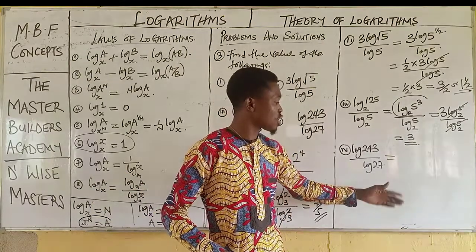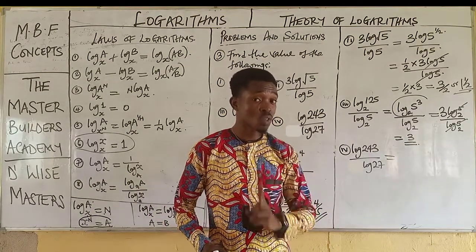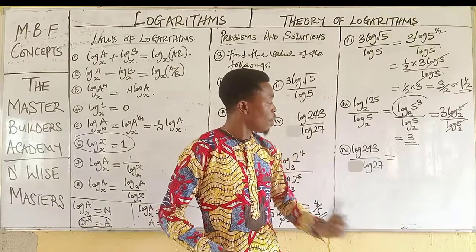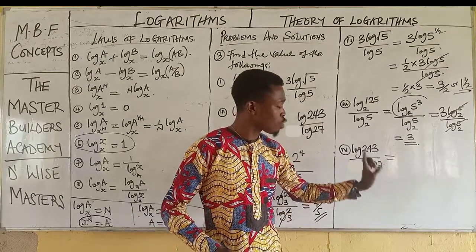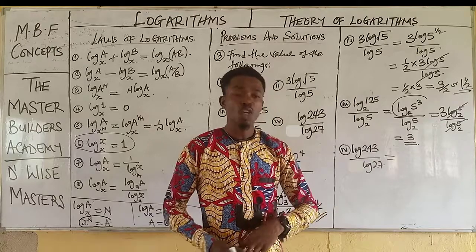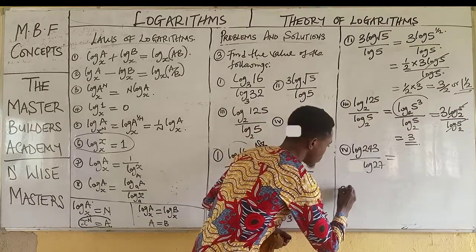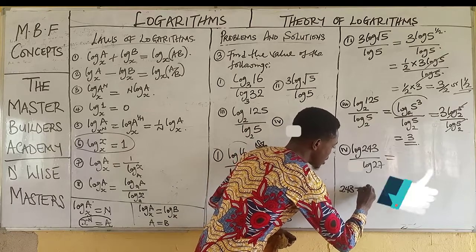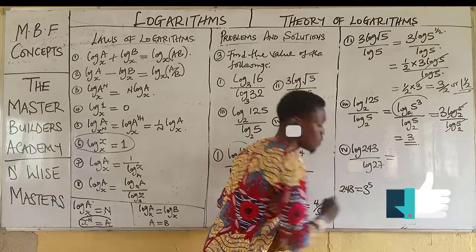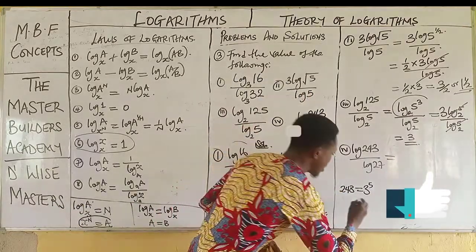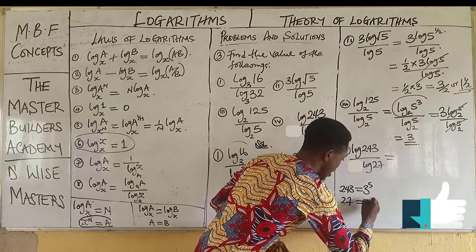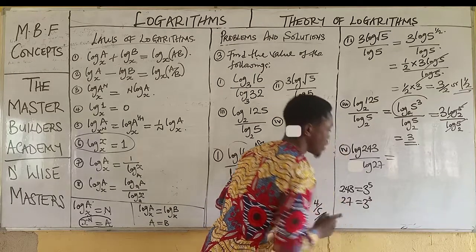Similarly, 27 is not divided by 2 if we want to use the LCM table. But 243 and 27 are divisible by 3. So in a nutshell, 243 is the same thing as 3 raised to the power of 5. And 27 is the same thing as 3 raised to the power of 3.